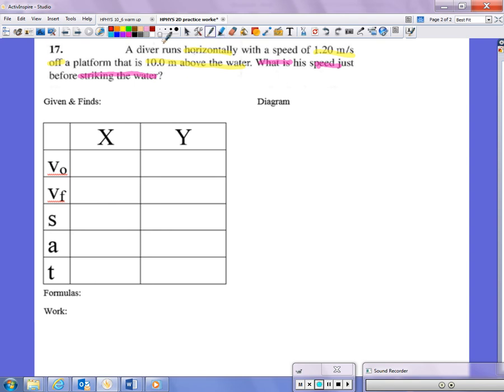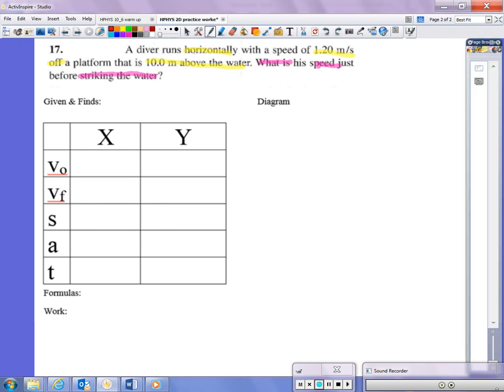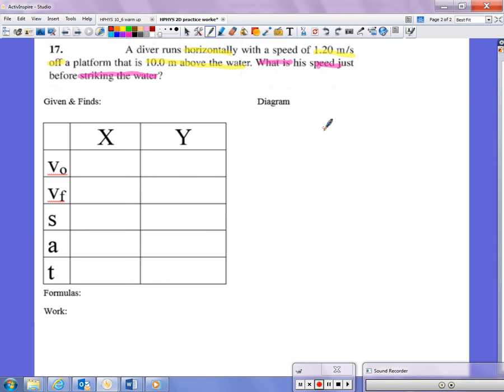If you don't believe me, smack your hand on the table, preferably without throwing your mouse on the floor. And the sting in your hand reminds you that you are not hitting that table with 0 velocity. He is not hitting that water with 0 velocity or 0 speed. If anybody's ever done a belly flop, you also know that to be true because it hurts very much.